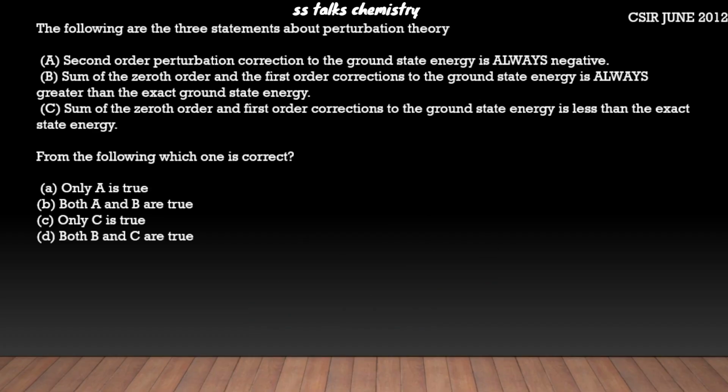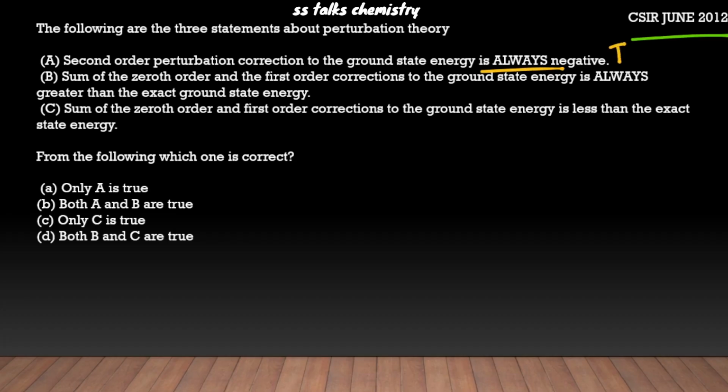Okay. Next, this question again CSIR June 2012. Three statements about the perturbation theory have been given to us. The first is: second order perturbation correction to the ground state energy is always negative.